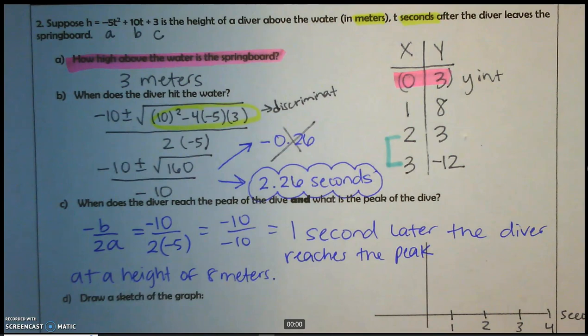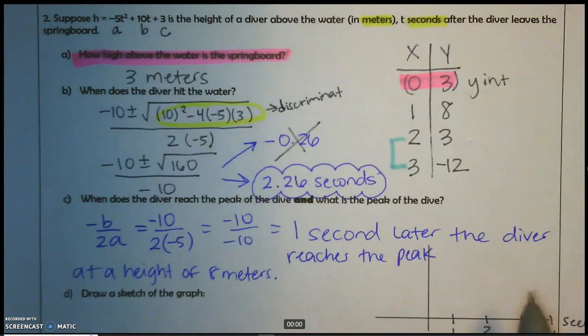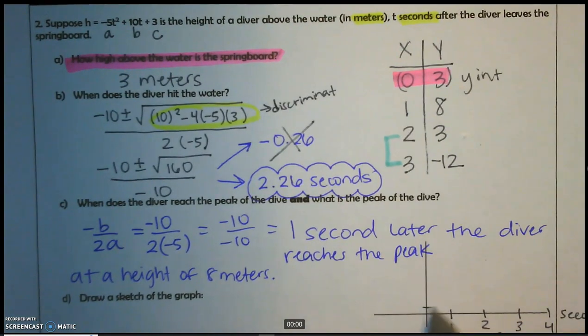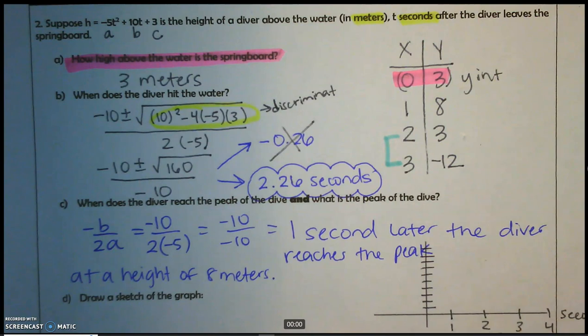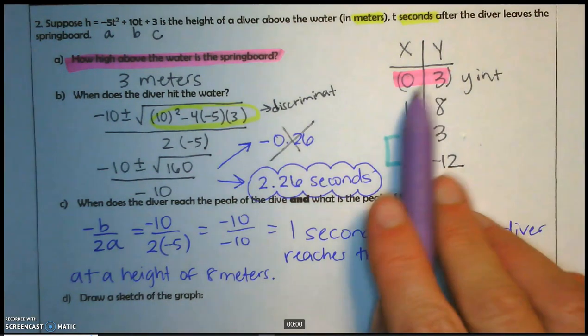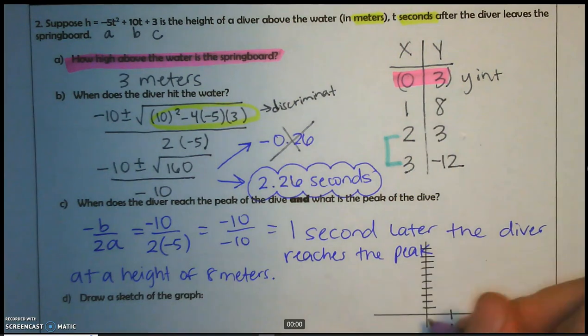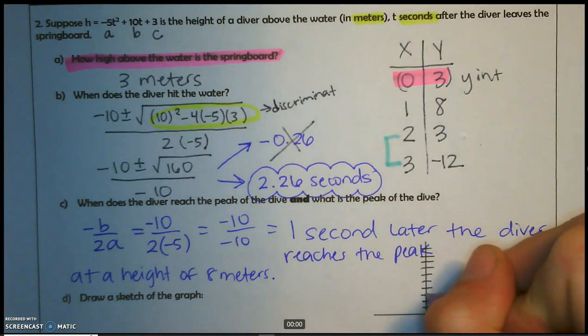Then it's reaching a maximum height of 8. So let's count by ones here. So 0 seconds into the situation, the springboard is at an initial height of 3 meters.